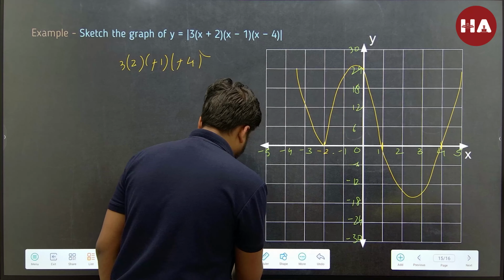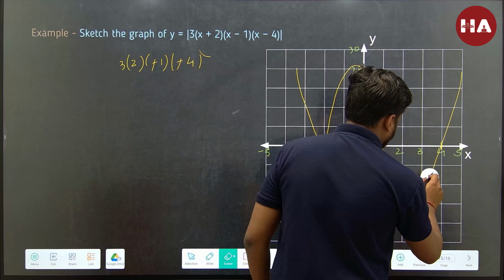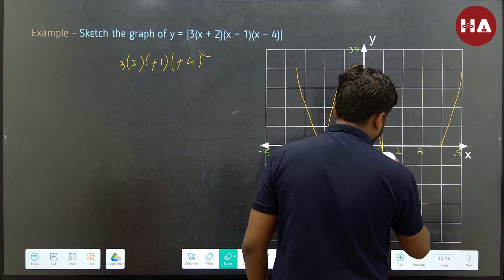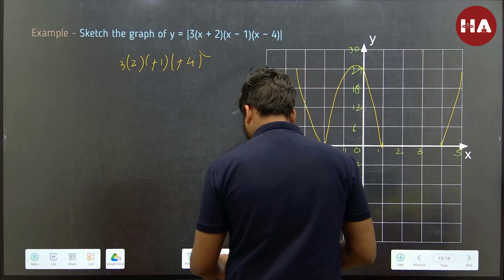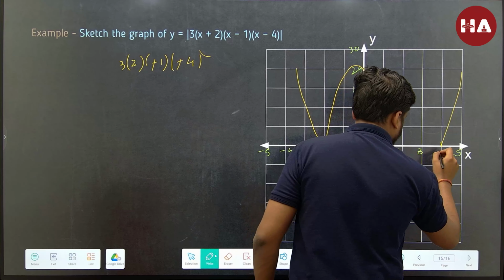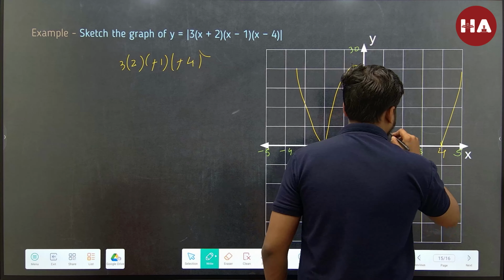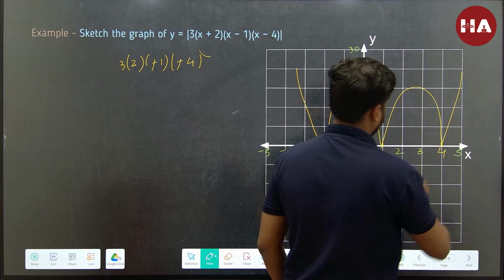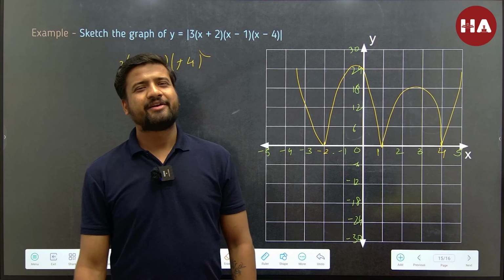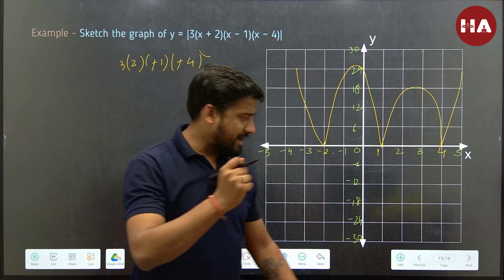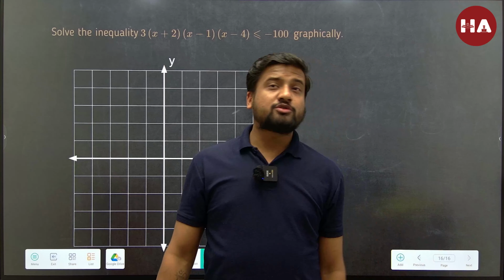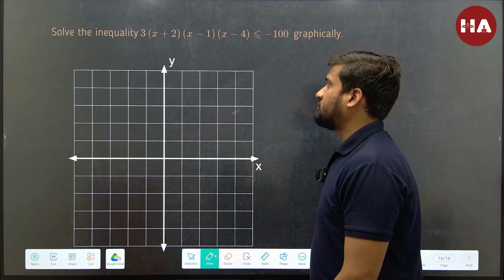And similarly, this graph also, that was below the x-axis, to above the x-axis, right? Okay, now you can copy it down and let's move on to the last topic and the last question.